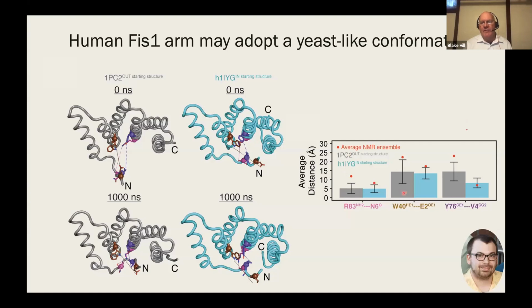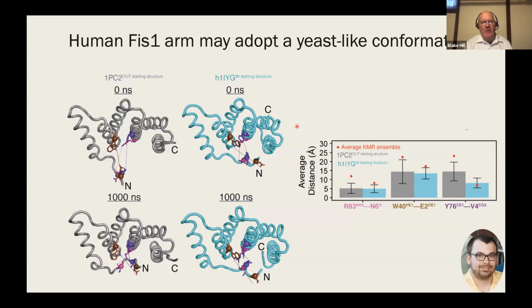This is quantified here, in which these dots are the average structural distances in the NMR structure, and the bars are the distances in the MD simulations. So the MD basically suggests that there's the potential for the Fis1 arm to be tucked in, similar to the yeast conformation.